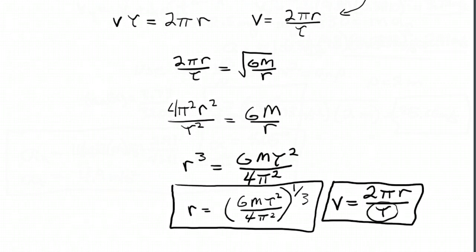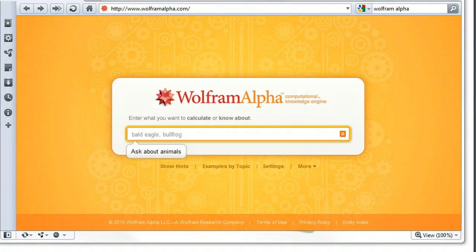We know these: G is the universal gravitational constant, M is the mass of the Earth. So we can calculate r and then bring it over here and calculate v. And so we can complete the problem. Now I'm going to do the calculation. I'll use Wolfram Alpha to do the calculation.